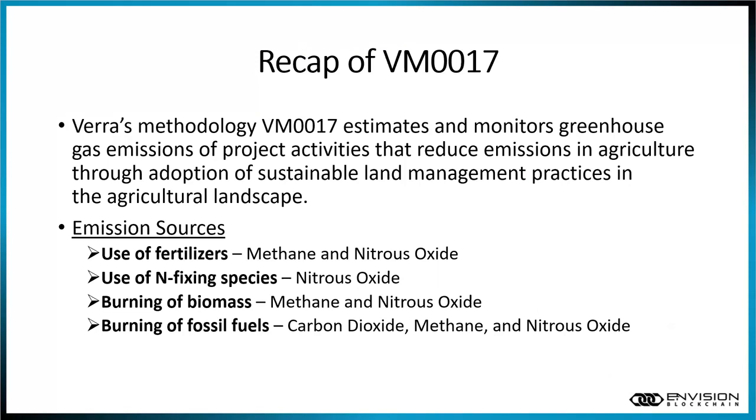The methodology also includes monitoring and reporting requirements to ensure that the expected benefits are achieved over time. And this approach considers greenhouse gases such as methane, nitrous oxide, and carbon dioxide that arise from various sources, including fertilizer usage, nitrogen-fixing species, biomass burning, and the combustion of fossil fuels.